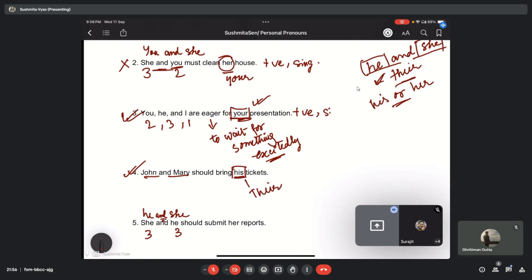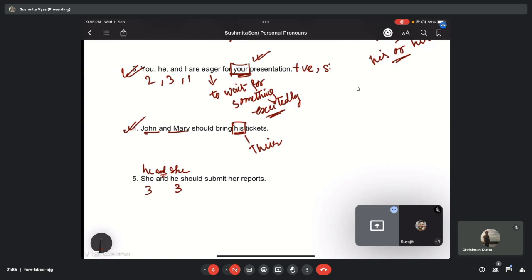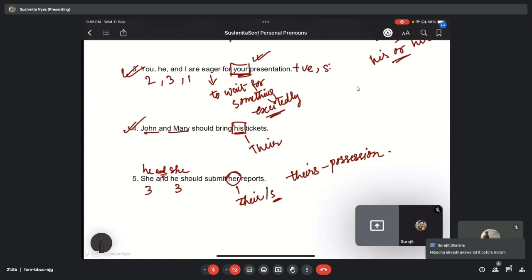Again, some of you said that this is correct, but here we are talking about two people, so it will be their, not theirs. Theirs means possession. When we put theirs, it is to show possession. Here we are not talking about possessive pronouns.